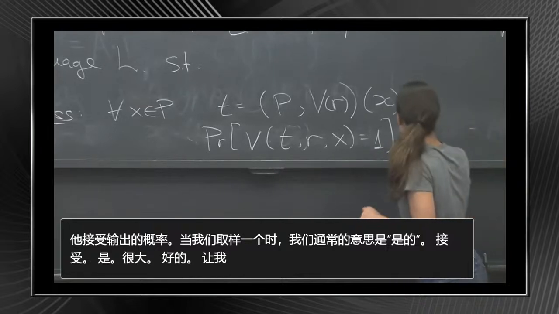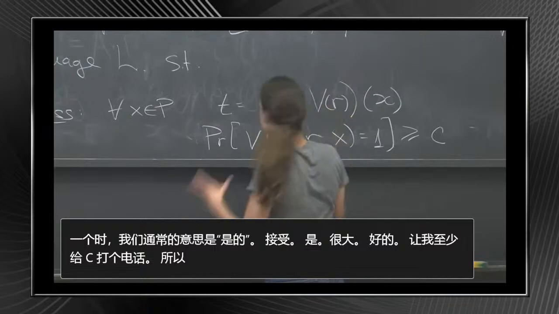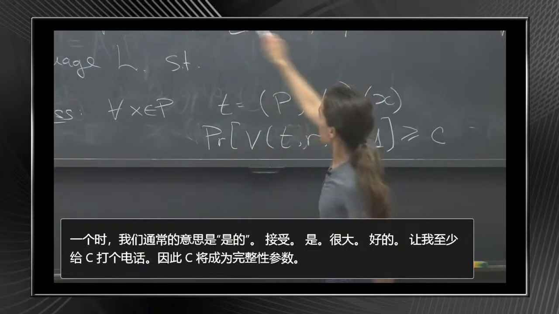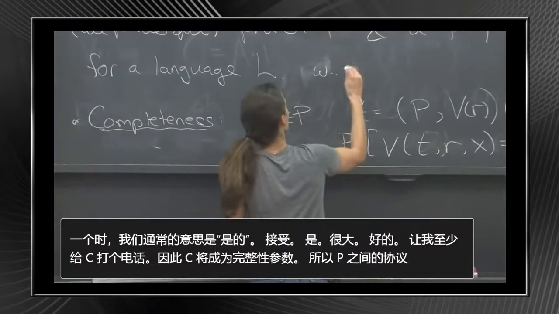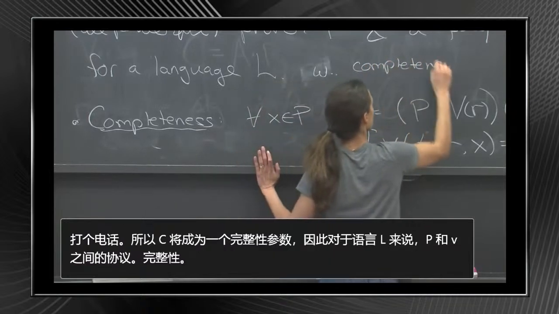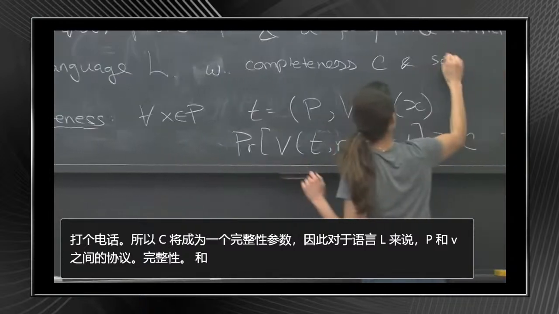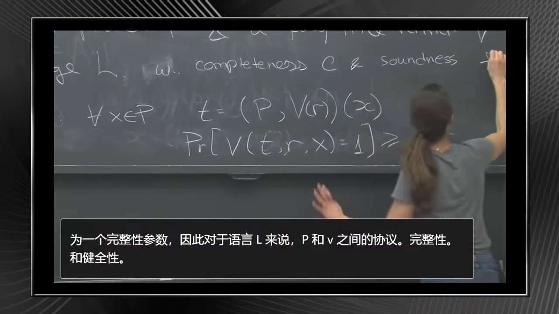Let me call it at least C. C is going to be a completeness parameter. So, a protocol between P and V for language L with completeness C and soundness S.